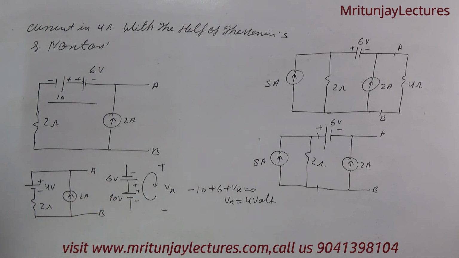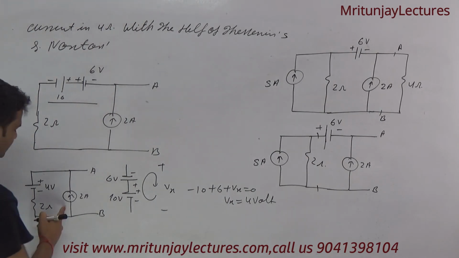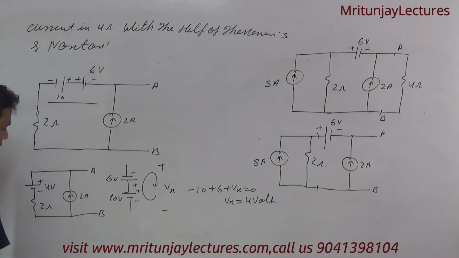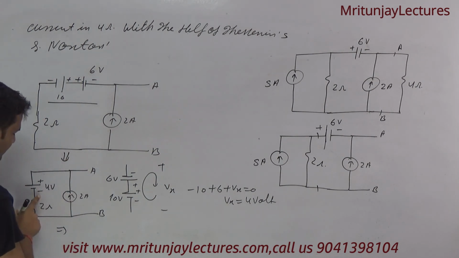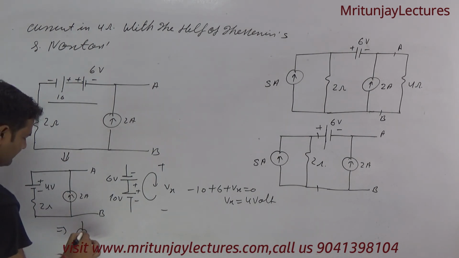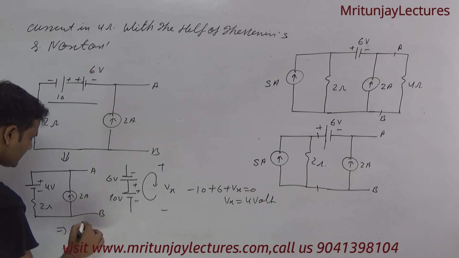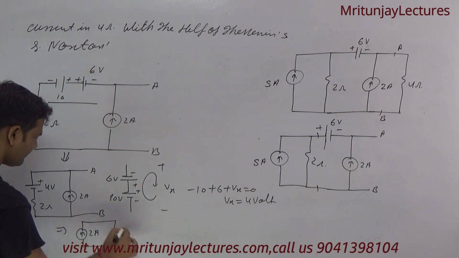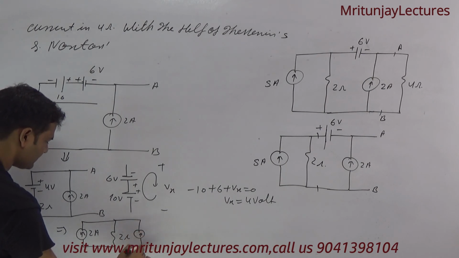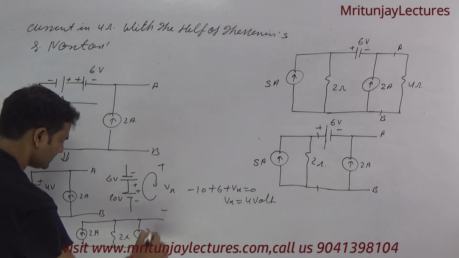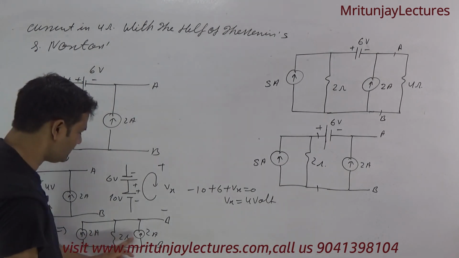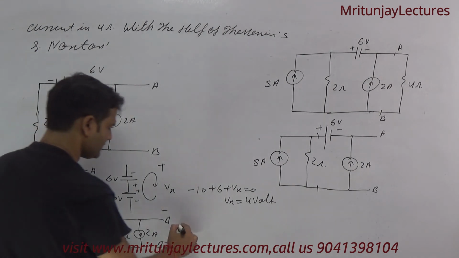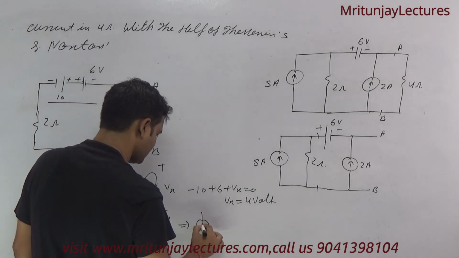Clear or not? Again, with the help of source transformation, 4 by 2 is 2 ampere, and that is 2 ohm, and that is 2 ampere, that is A and this is B. The 2 and 2 are both in the same direction, that's why we make this 4 ampere.